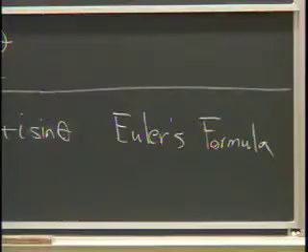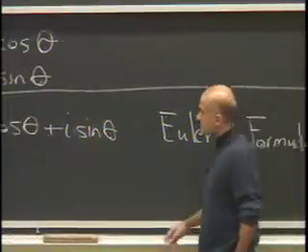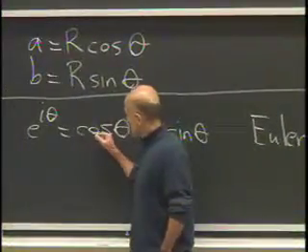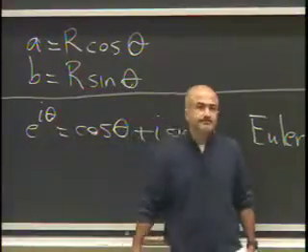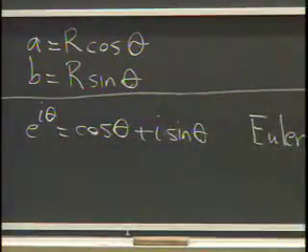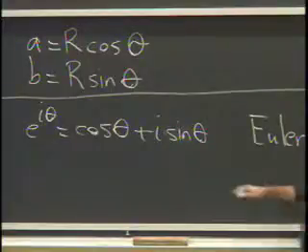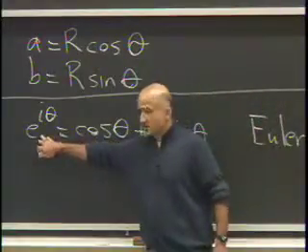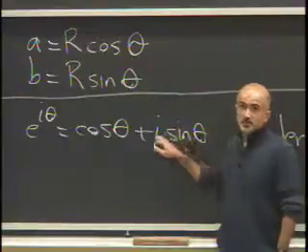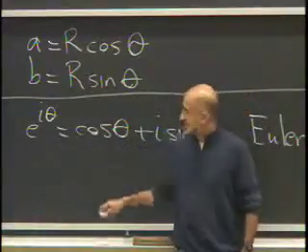Can you come up with a scheme or an expression that relates cosine to the complex exponential? That's what I want you to talk to your neighbor about for the next 2-3 minutes. Try to come up with an expression that relates cosine with the complex exponential and relates the sine to the complex exponential. And I'll give you a hint.